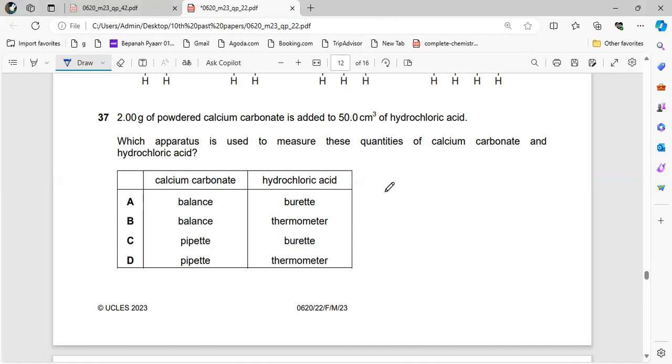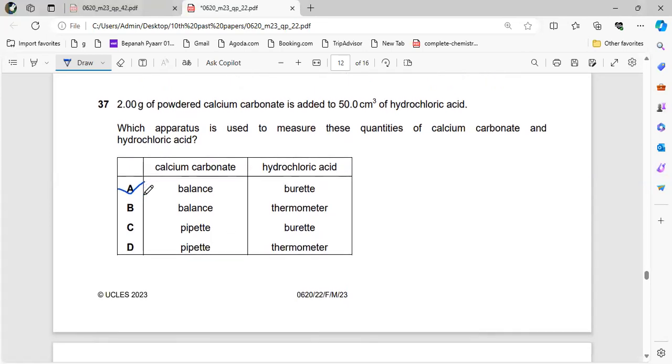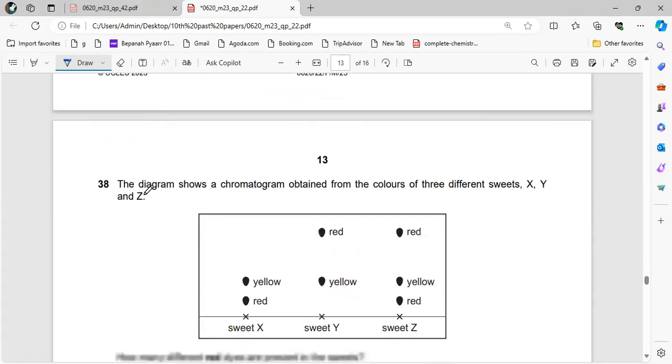And next is adding hydrochloric acid. Definitely we use a pipette or a burette. So in this case, we have burette and thermometer. The thermometer is used to measure the temperature, that is why that will be the wrong option.